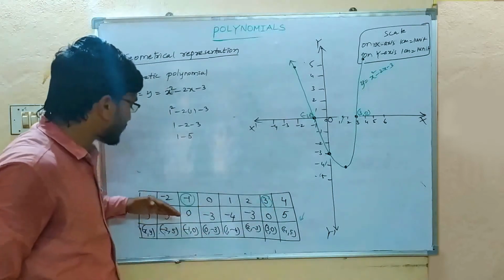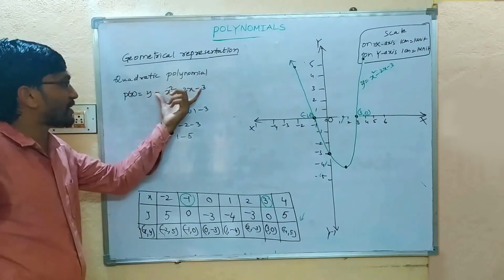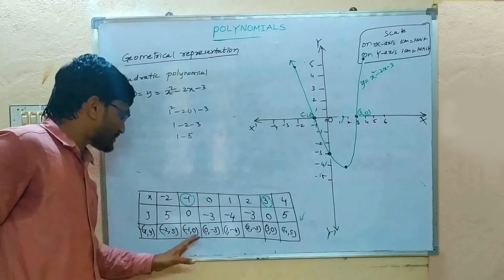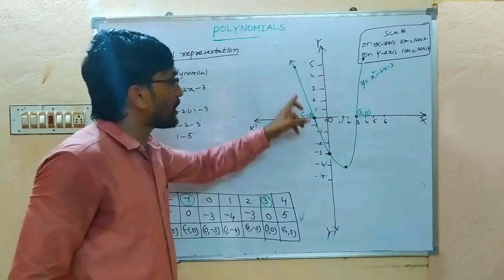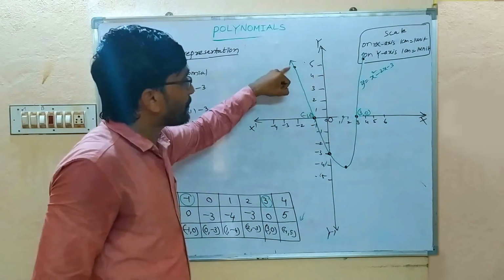Now we have to calculate the values of y. Substitute each and every value of x in y. We get the values of y. So here we get the points. Plot the points on the graph paper and join them with a free hand.